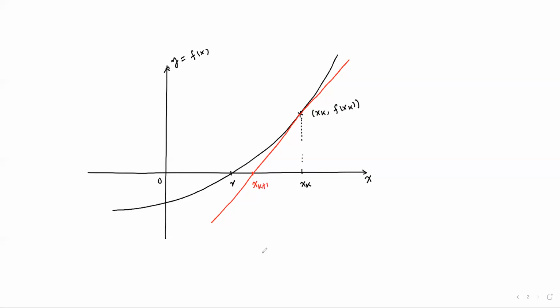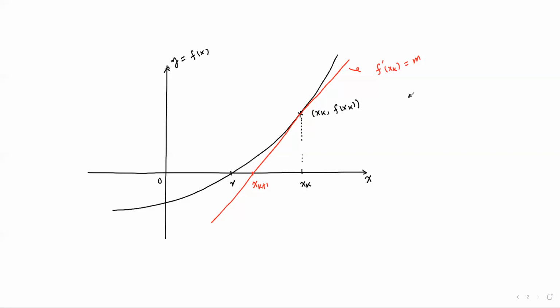Now I want to determine xk plus 1. The slope of the tangent line is the derivative of the function at xk. Now by the point-slope formula, I can write down the equation of this tangent line.